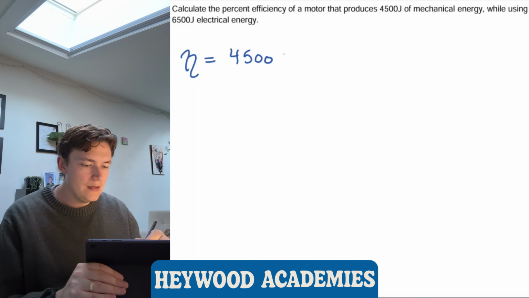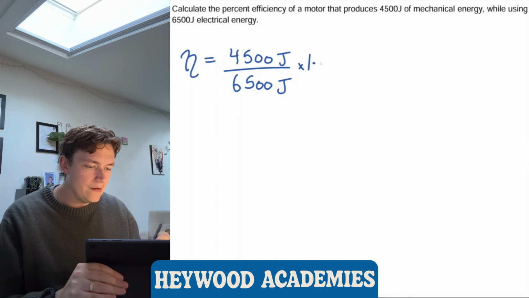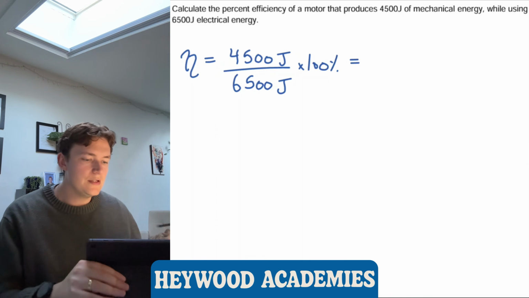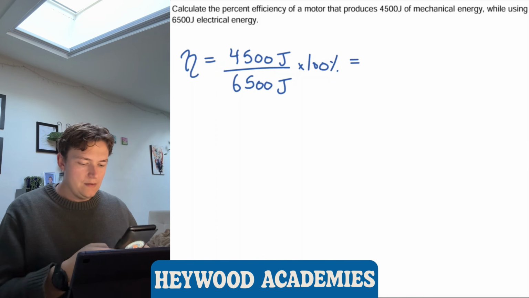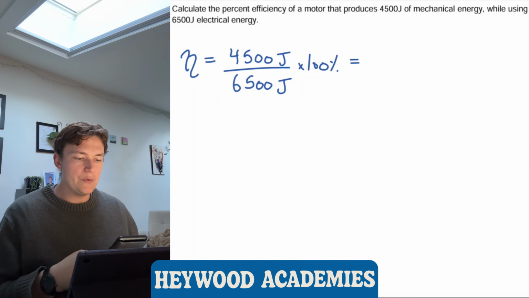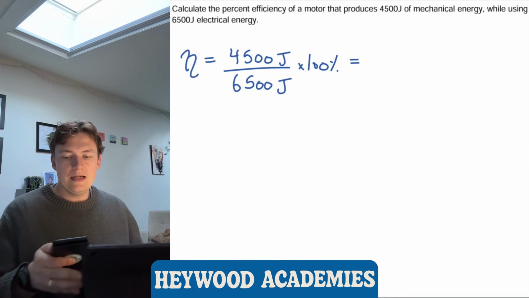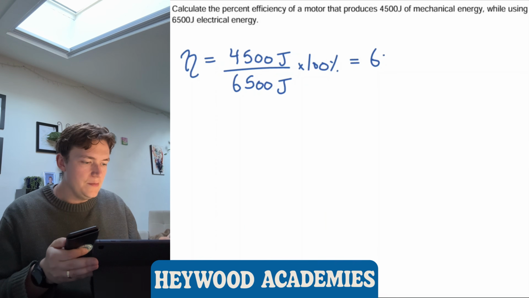We got out 4,500 joules and we put in 6,500 joules. So let's go ahead and just multiply that by 100 while we're doing that to get that into a percent. Usually just do that at the same time. So 4500 divided by 6500 times 100. And that gives us 69%.